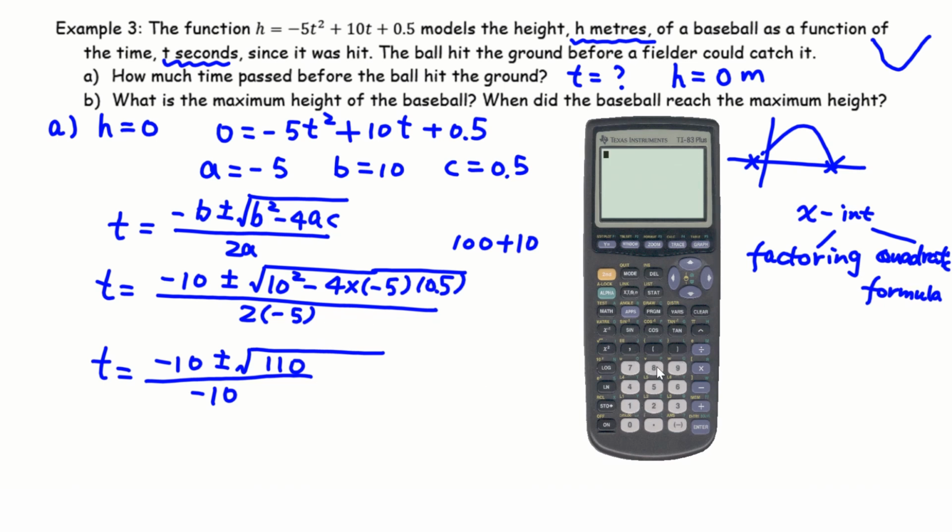For the numerator, we need to do bracket negative 10 plus square root, second x squared, then 110.